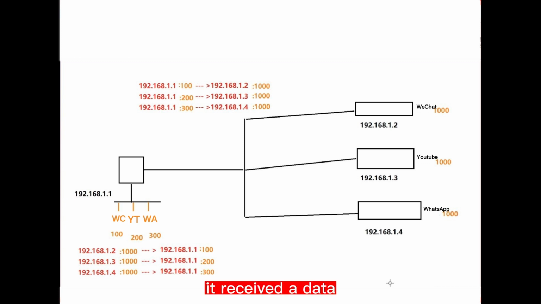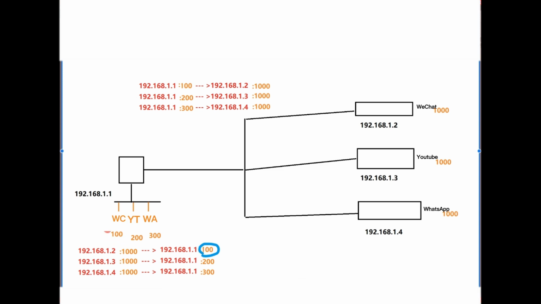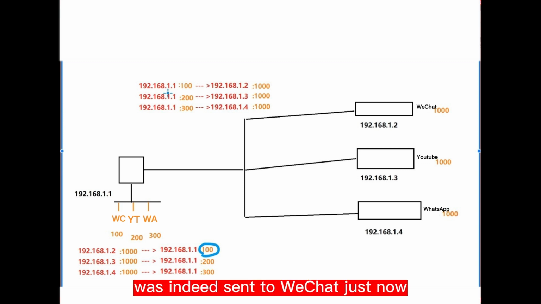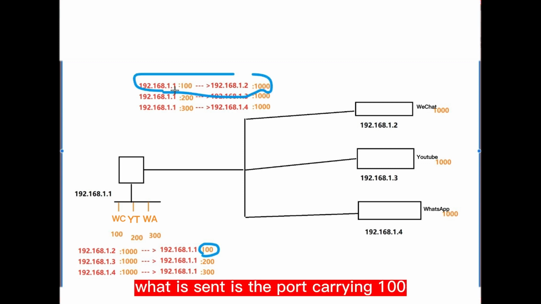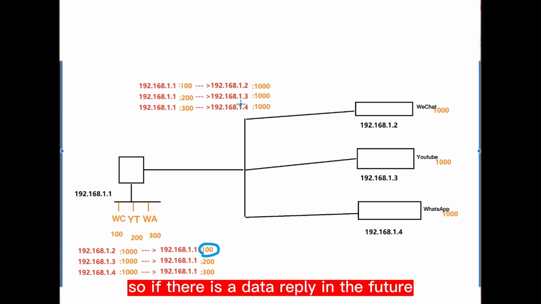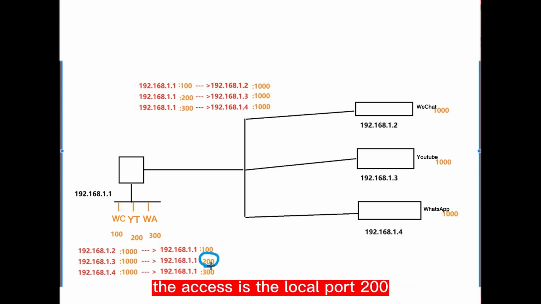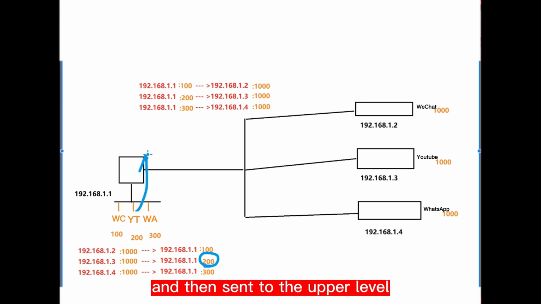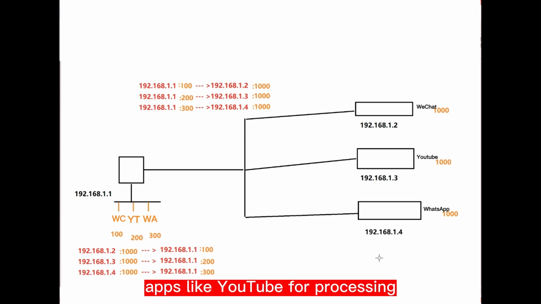It received a data packet. If it is accessing port 100 of the current device, it knows that it is WeChat data, the data that was indeed sent to WeChat just now, because what is sent is the port carrying 100. So if there is a data reply and the access is the local port 200, it knows that this is YouTube data, and then sends it to the upper level, apps like YouTube, for processing.